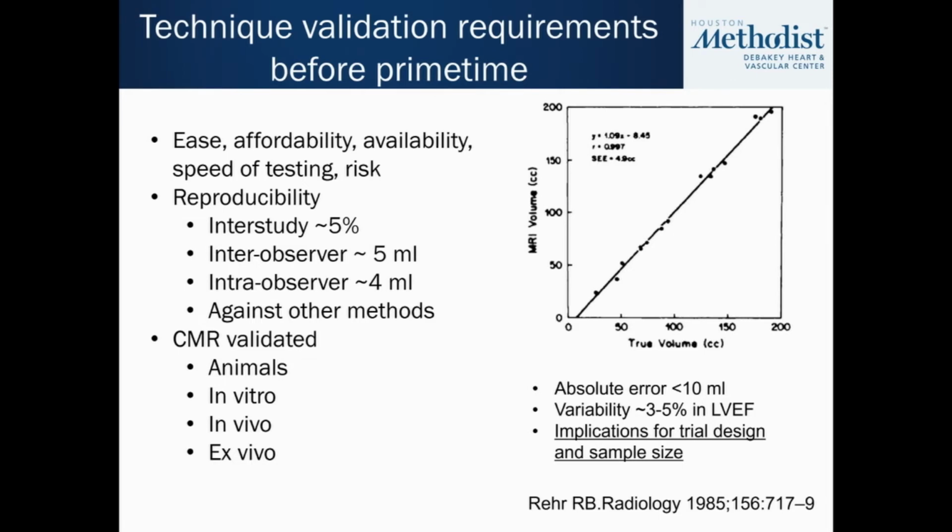Now, this has huge implications for trial design. Let's say you're doing a study on a transcatheter device that can reduce MR, and you want to assess how the LV volume changes and how the LV remodels with whatever procedure you're doing.